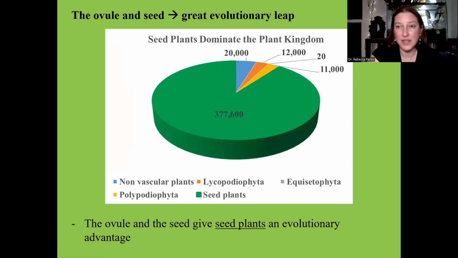This is just an introduction to the ovule, because we're going to be talking about seed plants, and all seed plants bear ovules. That's why we're going to talk about it. As I mentioned at the top of the class, the seed and the ovule, because you can't have a seed without an ovule, are a huge evolutionary leap.